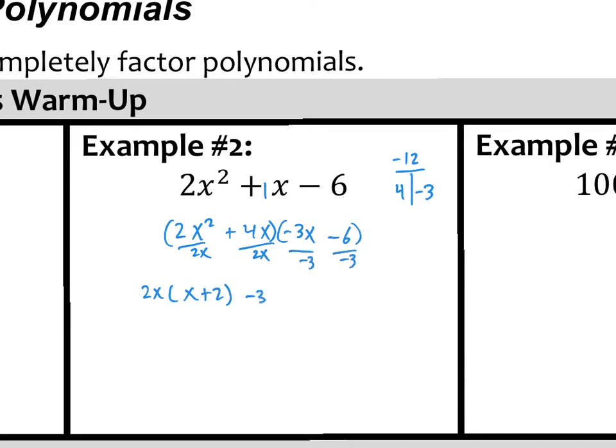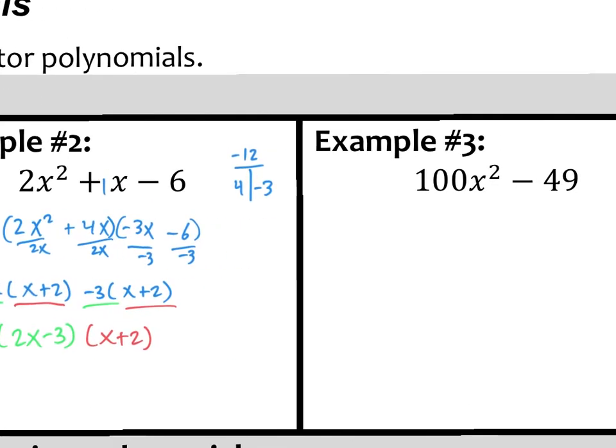So I'm going to put that out front. Divide, and I get x plus 2. Now my two factors, my 2x minus 3, and then my x plus 2. Okay, that's it. Let's move on to number 3.